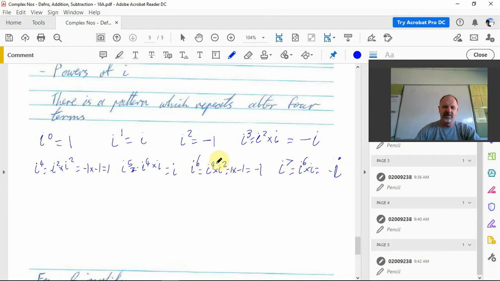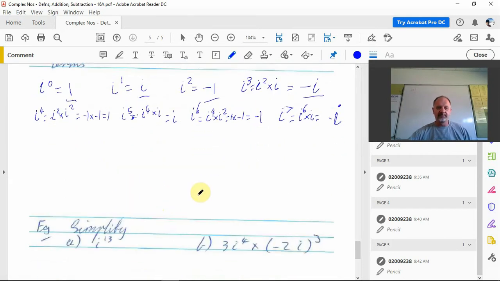All right, so you can break those up using the index laws however you like. That's just what I've done. So as you can see here, there's a pattern that goes 1, i, -1, -i, and then goes around in the circle again. All right, so we can use that kind of thing to help us.